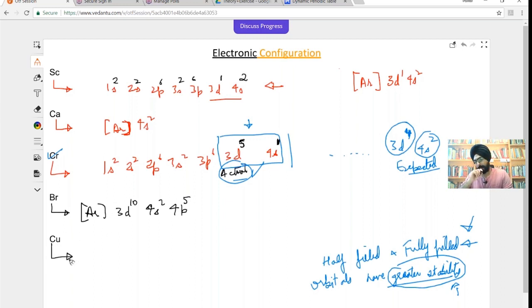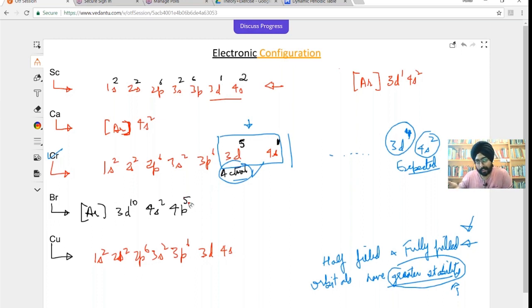Please write down the electronic configuration for copper, people. Again, yes, it is an anomalous case. Similar to chromium, copper is also an anomaly. So you have 1s2, 2s2, 2p6, 3s2, 3p6, then 3d and 4s, where you have a problem.